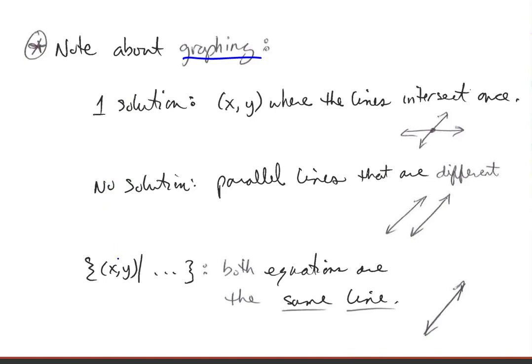Or, thirdly, the case where you have infinitely many solutions, which we've now represented using set notation, is where both equations are actually the same line, and so they intersect everywhere. The visual of this system would look like one line, but it's really two lines, one right on top of the other. So this is just a little review or note about the graphical implementation of these systems, though in this topic we simply use the algebraic methods of solving them.